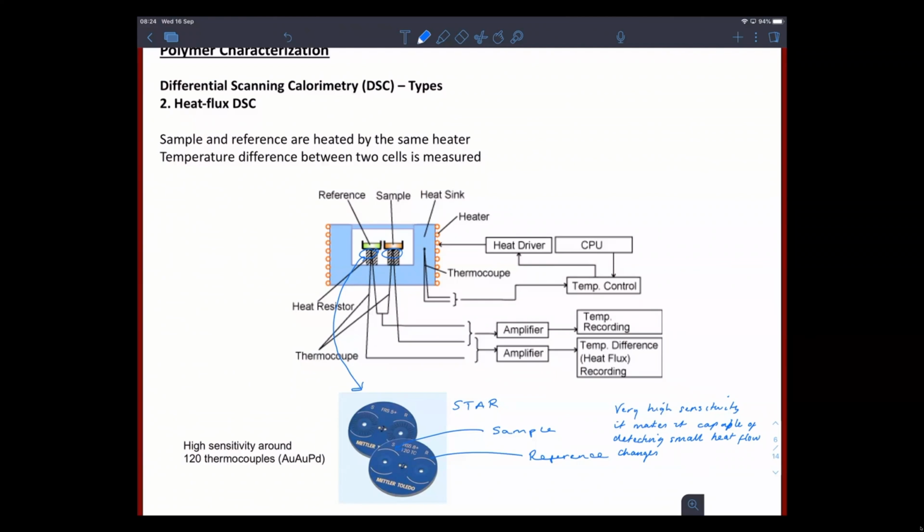So we have an increase in our accuracy there. Also, because we increase the resolution, we can separate close line effects in polymers. So if some of the phase transitions are particularly close, that extra resolution can allow us to separate out those effects.